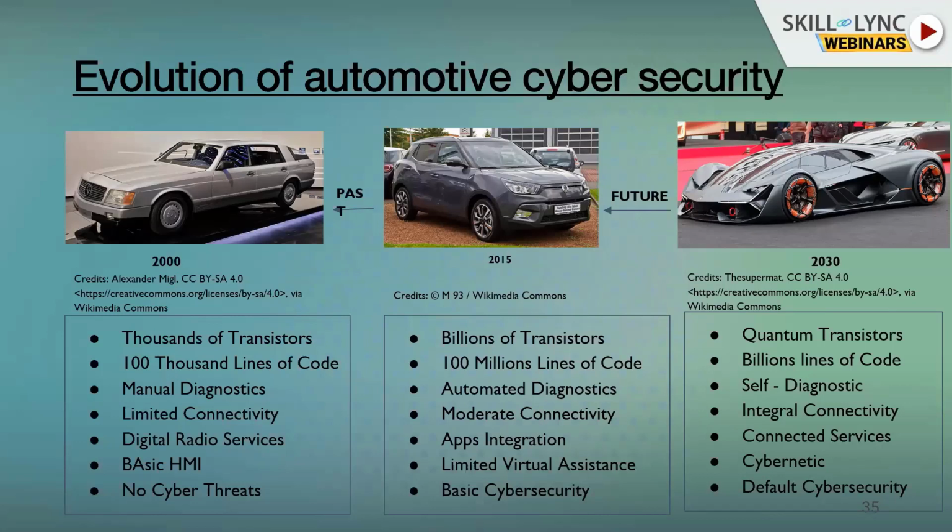Then a new era came in 2015, when thousands of transistors became billions of transistors, which means more SoCs are employed and you have more ECUs in your vehicle. Previously it was 100,000 lines of code, now it is 100 million lines of code.